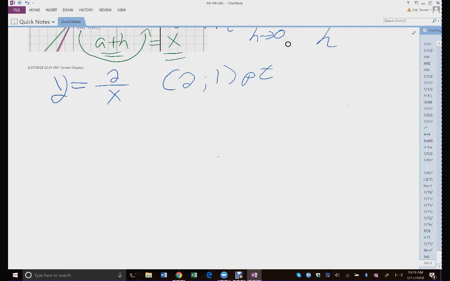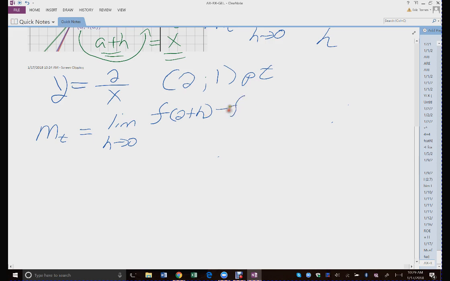So the slope of that tangent line equals the limit as h approaches 0 of f of a plus h, and a is 2, minus f of a, over h.